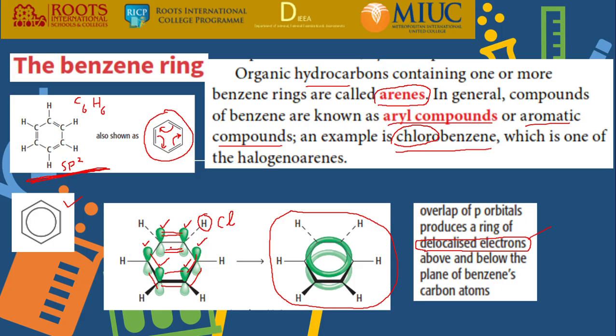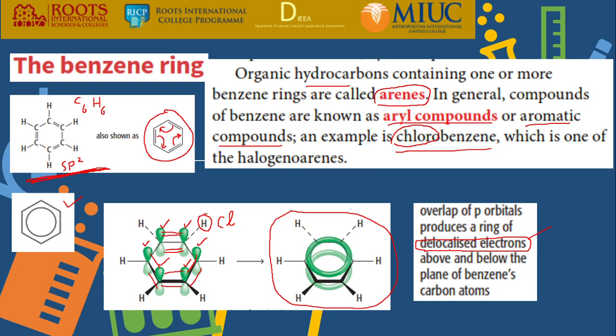Electricity cannot be conducted in benzene. These delocalized electrons cannot leave their place. They are confined to these rings. Okay, so please remember, we use the word delocalized electron just to understand the bonding inside benzene ring.